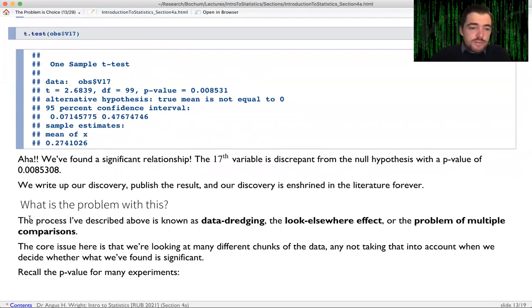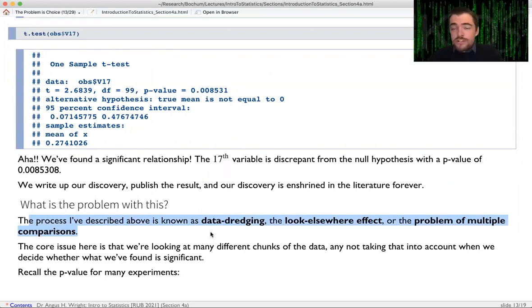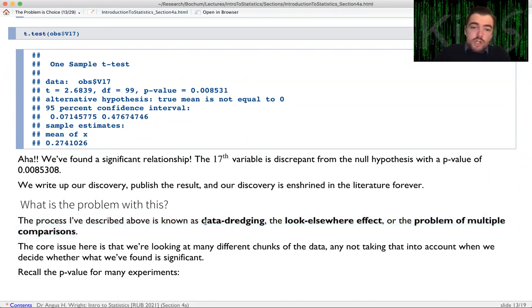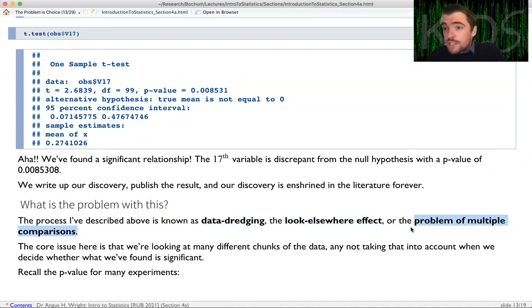The process that we've just described is known as data dredging, or the look elsewhere effect, or the problem of multiple comparisons, depending on whether or not you're a machine learning person, scientist, arguably, or statistician, basically where those 3 different terms come from.